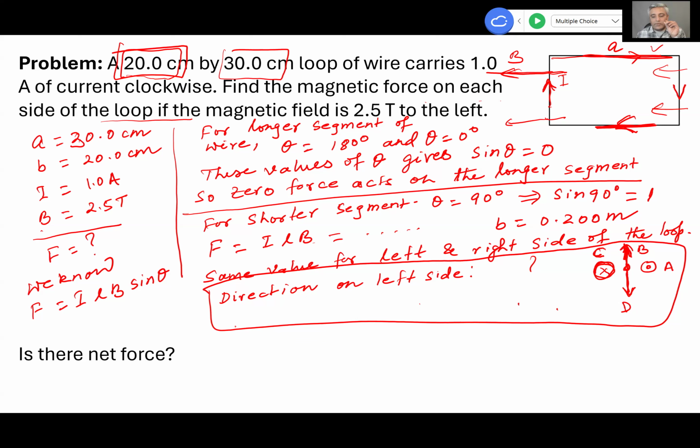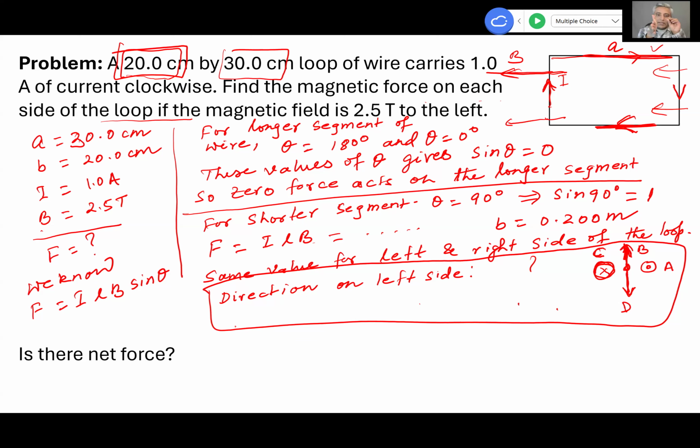So the current is going on the upside, meaning it's going like that, and the field is going to the left, not right. So I need to curl my fingers towards the left, so that's why I need to start like this.